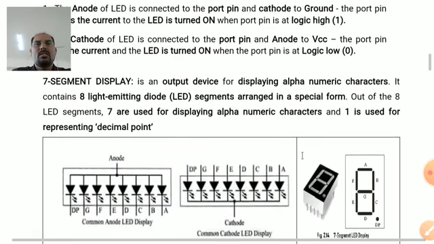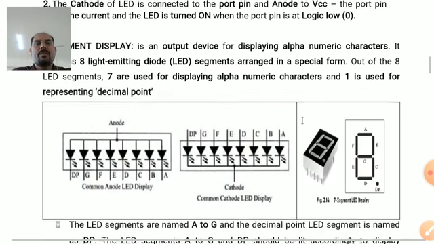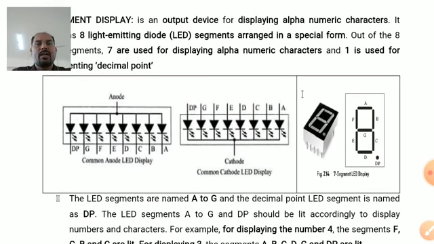Actually, this 7 segment display consists of 8 LED segments. Out of those 8, 7 LED segments are used to display the alphanumeric characters, whereas 1 LED segment is used to turn on the decimal point. Look at the figure which is shown on the right hand side of the image.